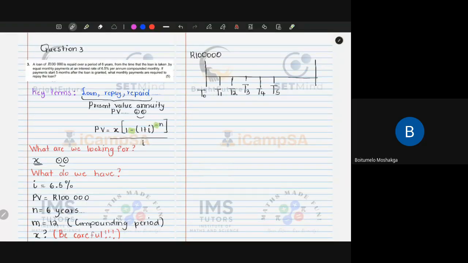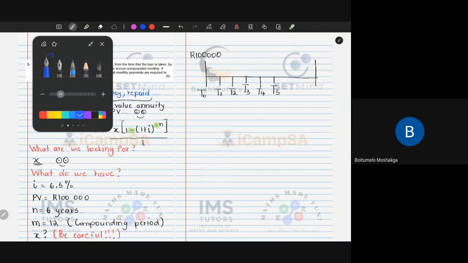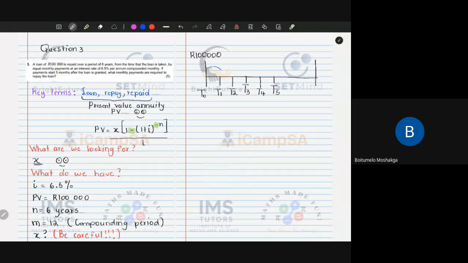And then we get to the 5th month. And look at what happens. We haven't started repaying our loan, and that is why we need to always draw our timelines. So this money will compound. The loan will increase in that month, and then increase again. Then at month number 5, that is where we look into when we go to month number 6. We are now going to start repaying our loan.